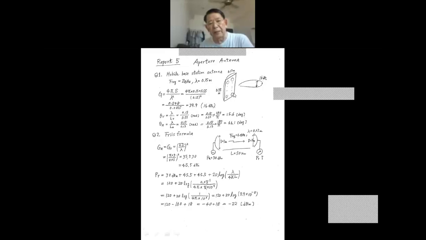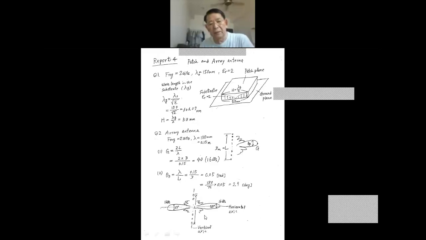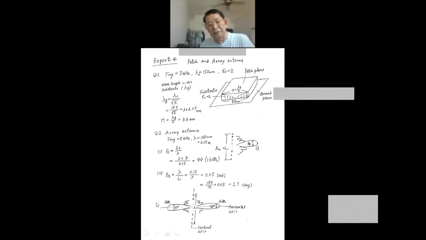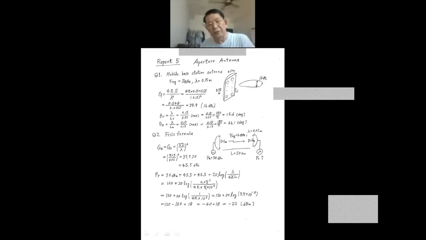This is the linear array, and the radiation is all around the horizontal. This is only in front of the antenna. The radiation area is quite different. This radiation and this radiation are different. You understand?